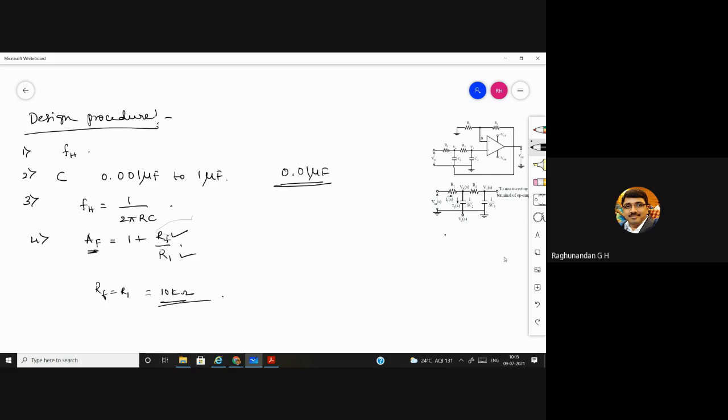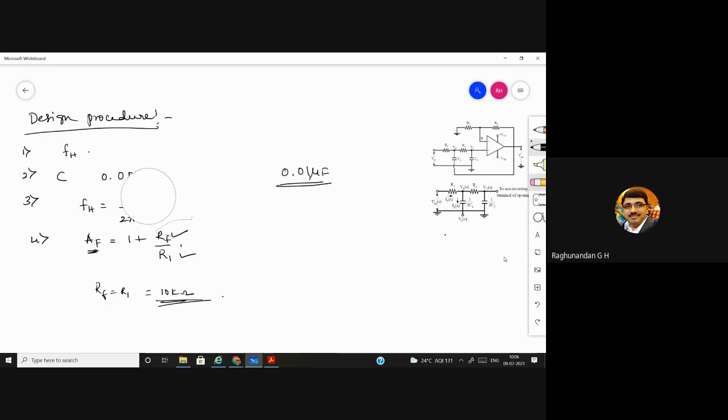If they have given more details, then we can find out RF and R1. If not, we need to say that 10 kilo ohm can be chosen. So these are the design steps. This is common for all first order low pass filter circuits, whatever we are having.